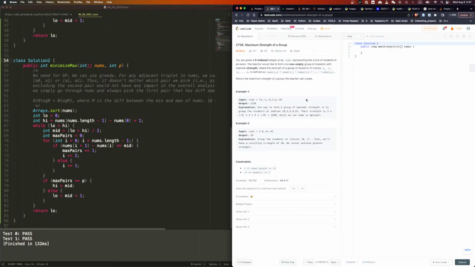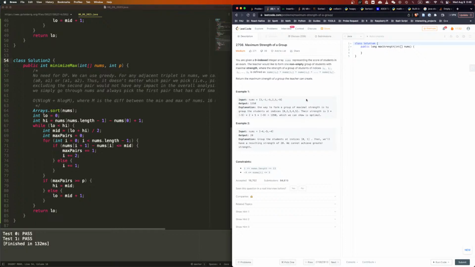I don't see any downsides. I mean, we exclude 0 for sure. We don't want 0, right? The positives are always going to be good. And then for the negatives, you multiply them together as well.